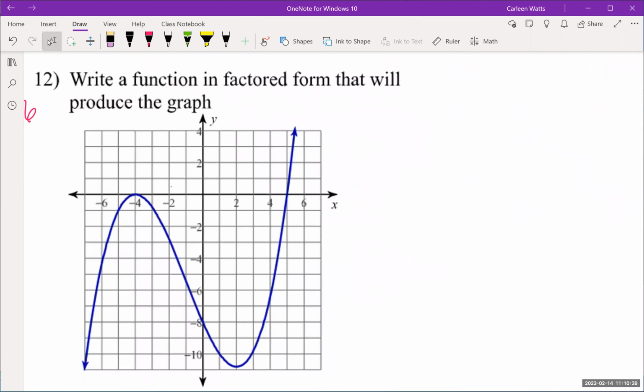Okay. Number 12. So number 12, write a function in factored form. We don't have to do those boxes that will produce the graph. Okay. So parent.